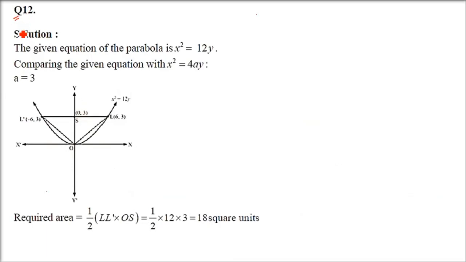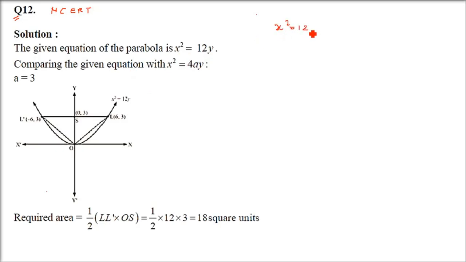Question number 12. Find the area of the triangle formed by the lines joining the vertex of the parabola x square equals 12y to the ends of its latus rectum. First thing to be very clear is this is an NCERT question. So x square equals 12y is given.